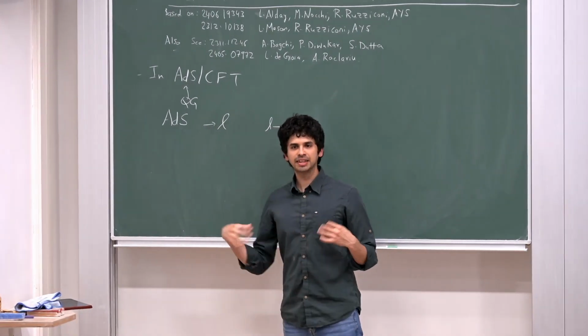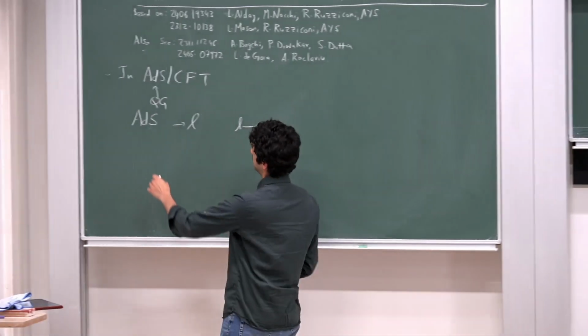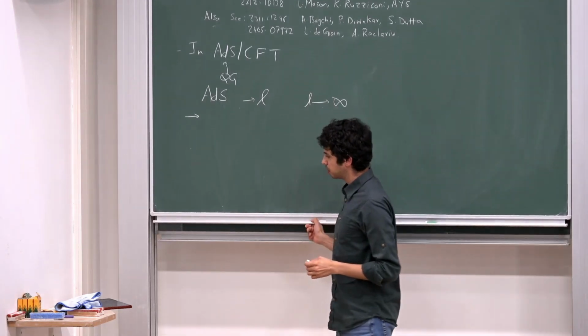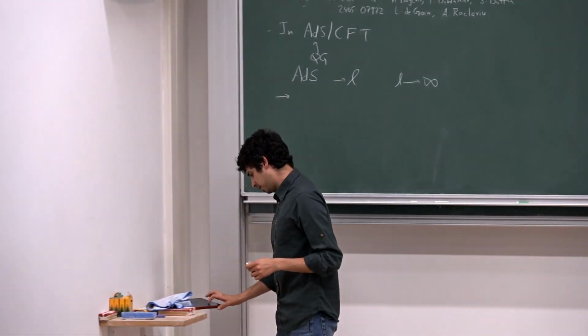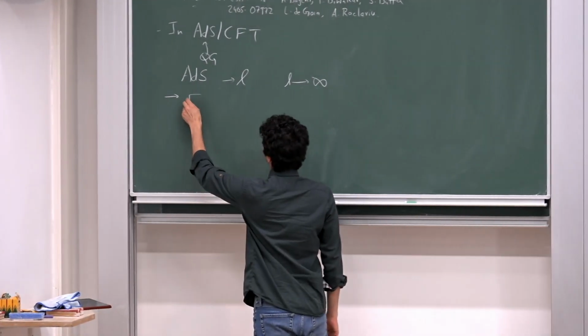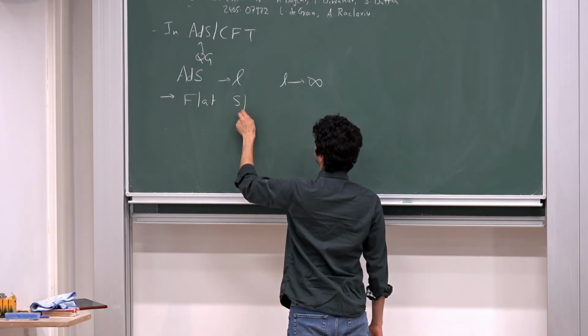So this in itself sounds interesting, but maybe you might be asking why. There are more reasons to be interested in them. The first is that it might tell us something about flat space holography.